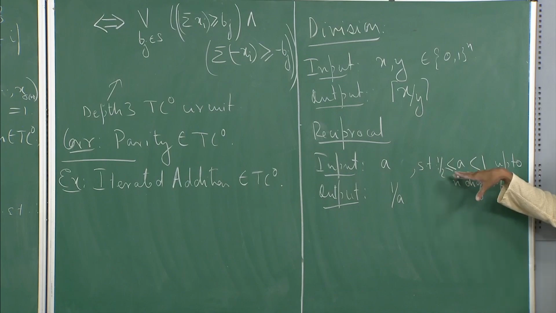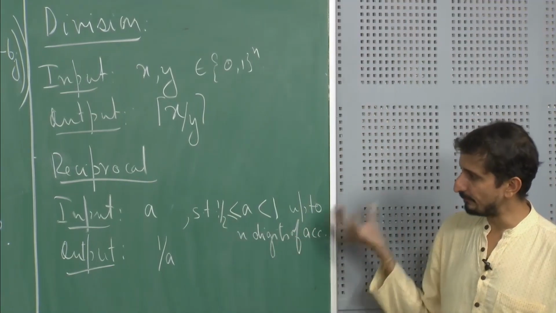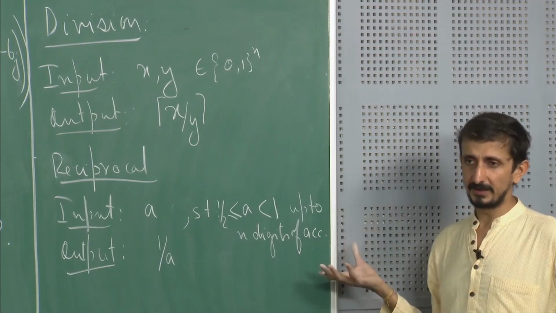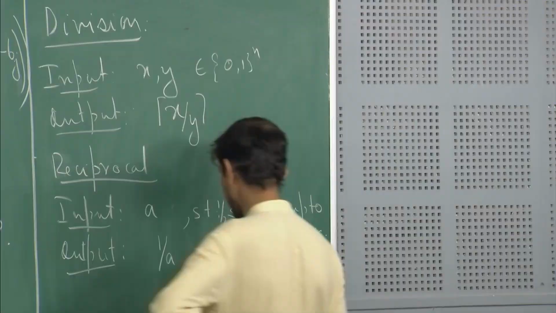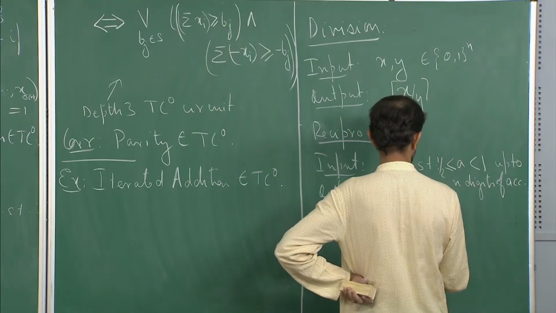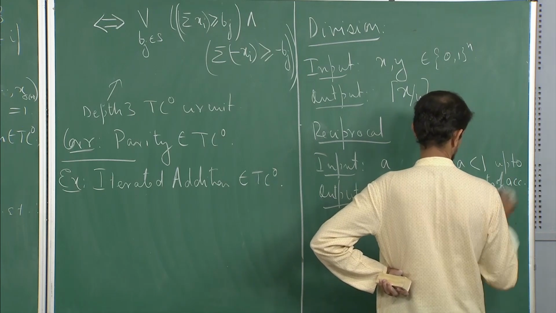So assume that A is a number between half and 1 and we are given A up to n digits of accuracy, and what we want to output is 1 over A up to the same accuracy.